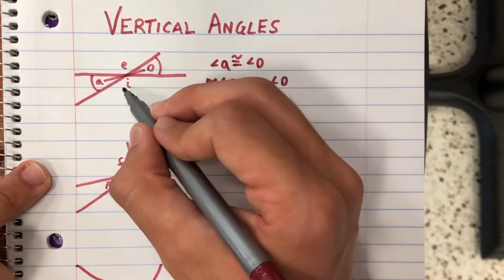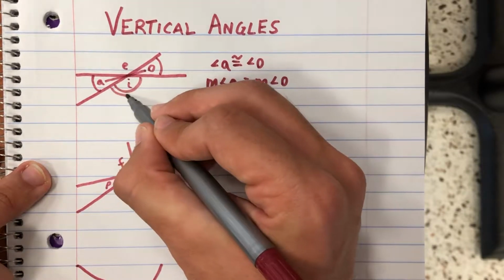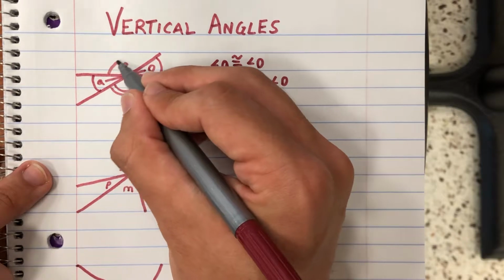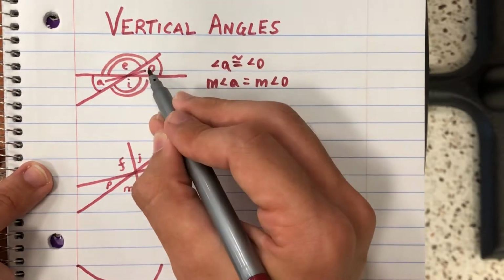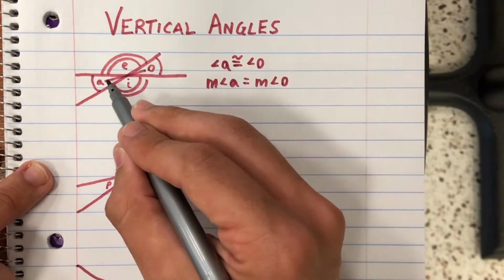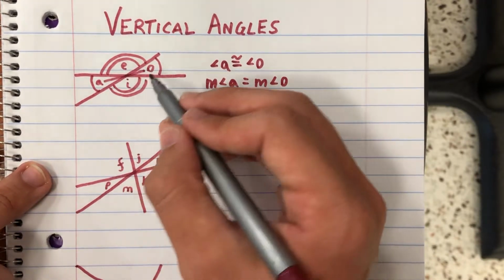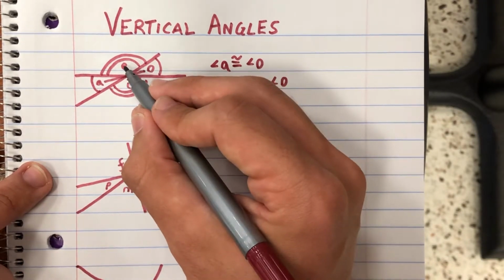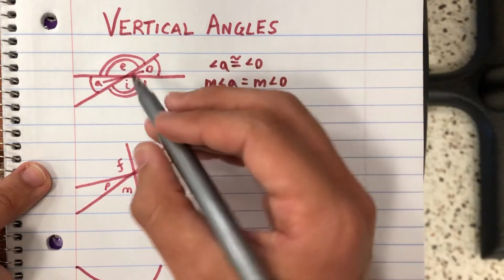By the same token, I is congruent to E because they are vertical angles. You can see that E is next to O and it's next to A, so A and E are adjacent and E and O are adjacent, but E and I are vertical angles, and that makes them congruent.